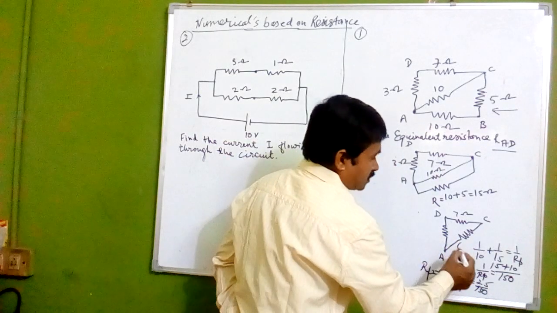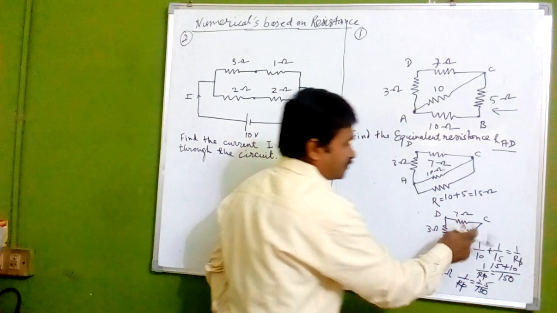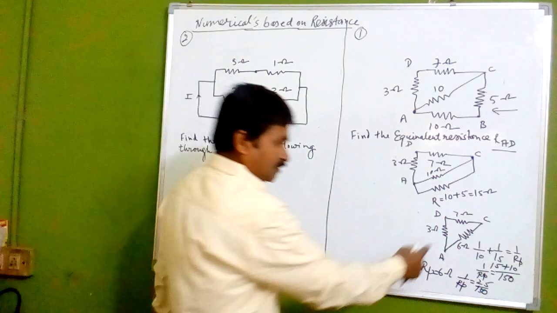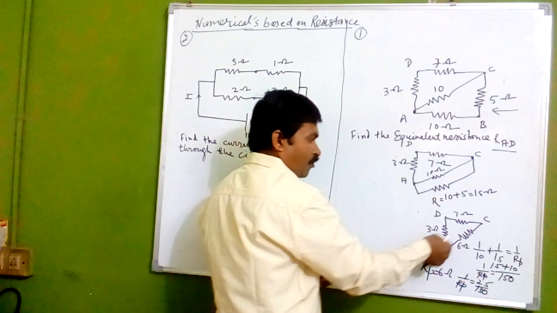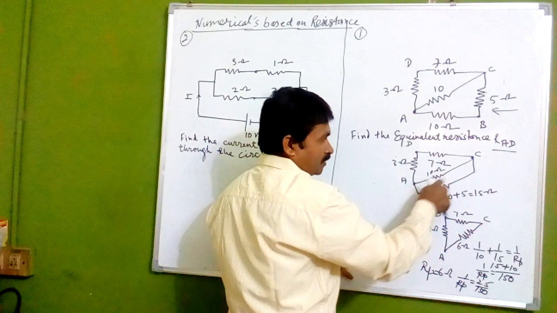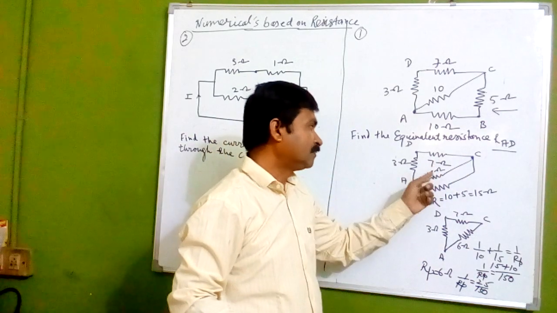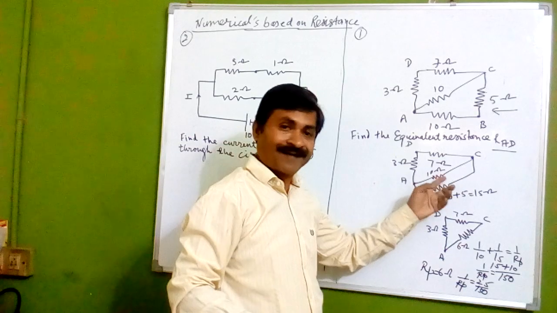Now this resistance is of 6 ohm value and this resistance of 3 ohm and this is of 7. Now if we are seeing it from here, both are in series. They are not having any other branches. Here we are having branches, 1 and 1. That's why they are in parallel.